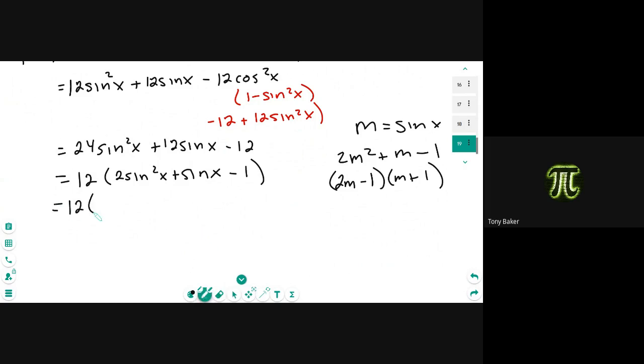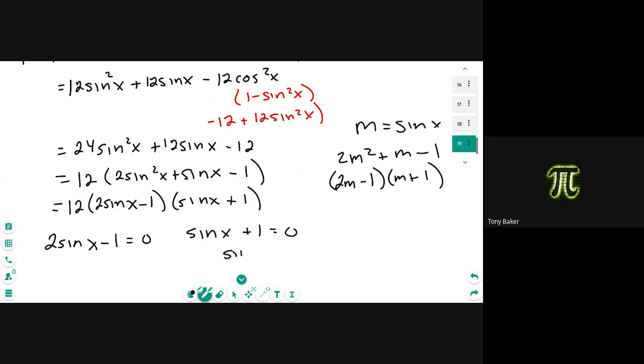So I have 12 times 2 sine x minus 1 and sine x plus 1. Now we can set them all equal to 0. So 2 sine x minus 1 equals 0, and sine x plus 1 equals 0. So sine x equals negative 1, and sine x equals 1/2.